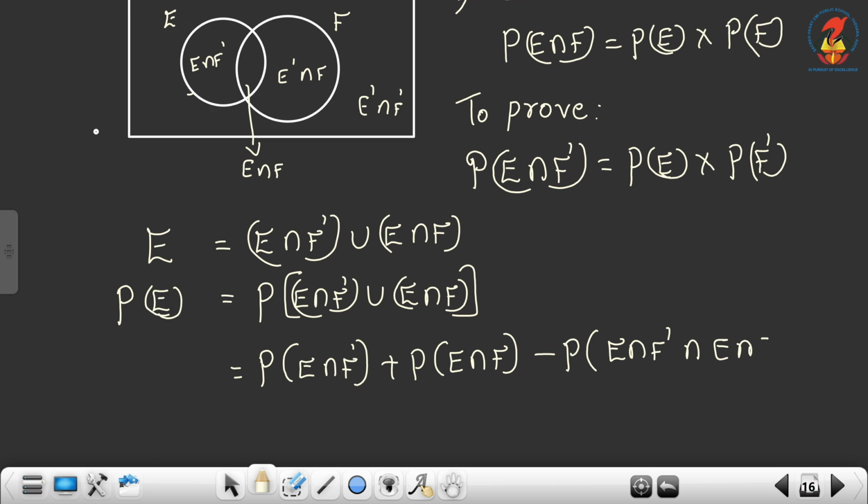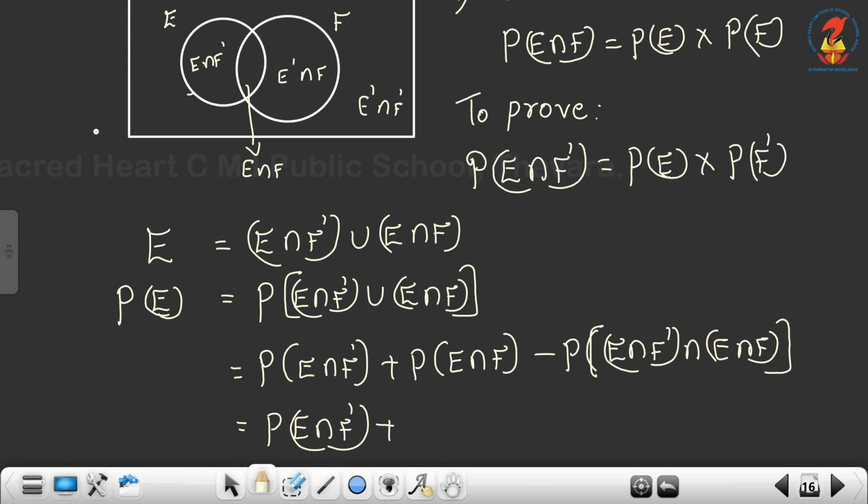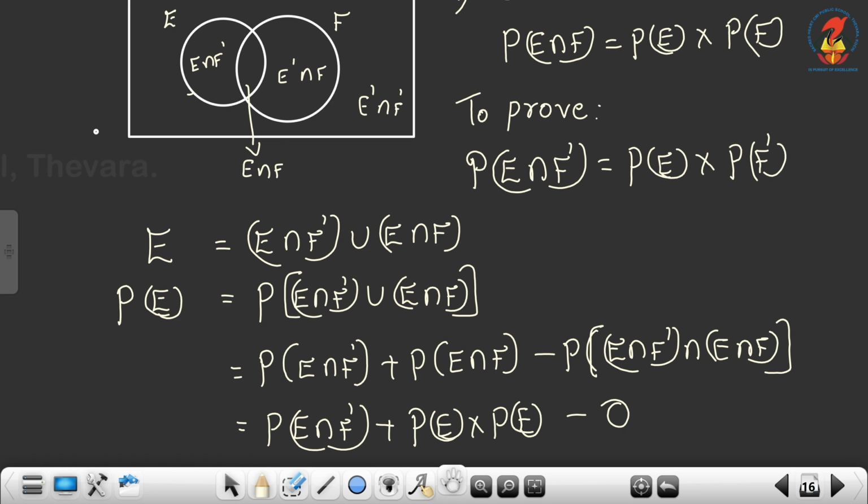What is their intersection? Null set. Since all the four sets are disjoint, this part is 0. So we can write P of E intersection F dash plus P of E intersection F. Since E and F are independent, it is P of E into P of F, and this one is 0.